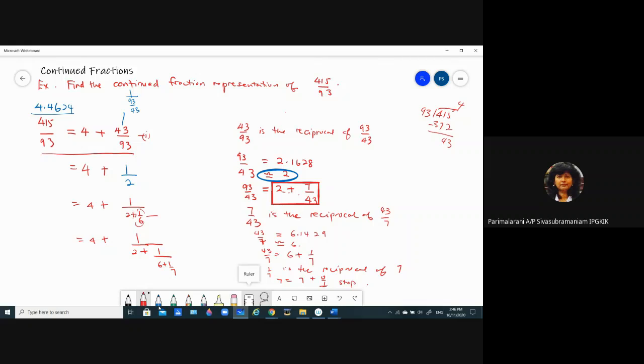So this number, 415 over 93, can be written as a continued fraction like this.